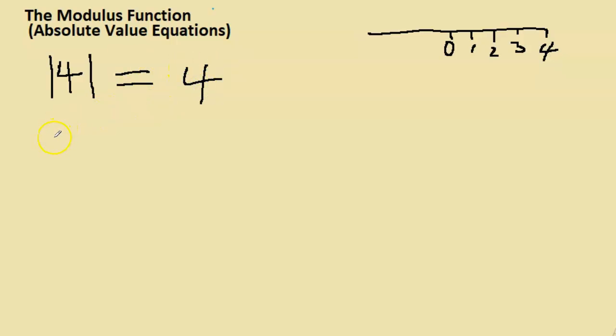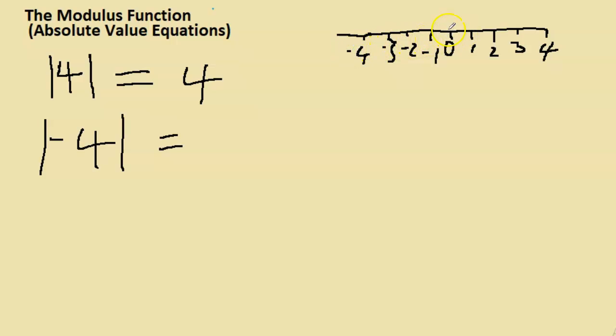An interesting thing about it is that the absolute value of minus 4 is also 4. Distance is what we call a scalar quantity, meaning direction is not important. So if you're at 0 on the number line and you want to get to 4, it will take you 4 units.